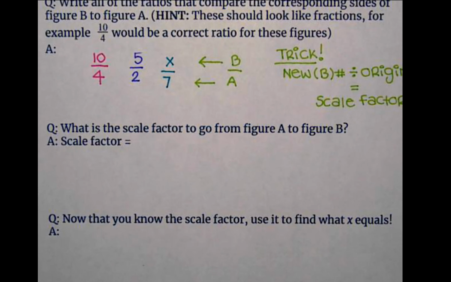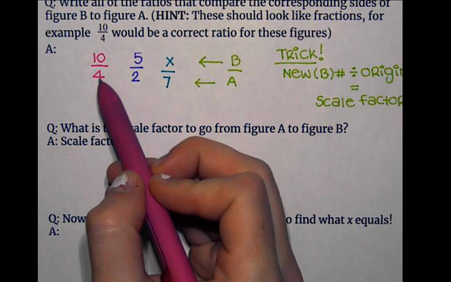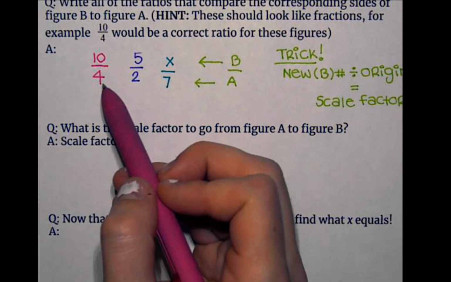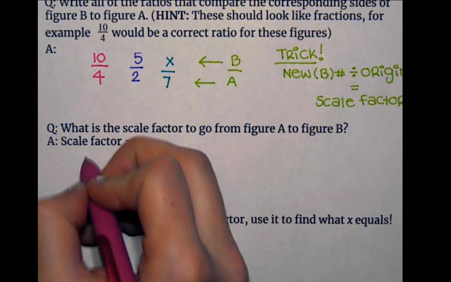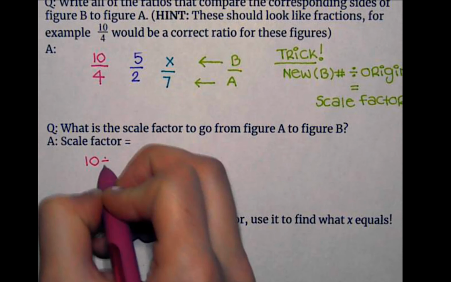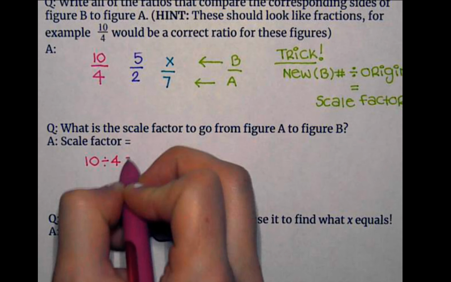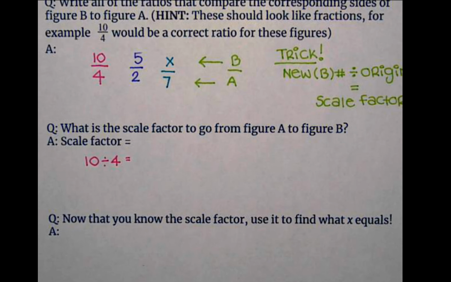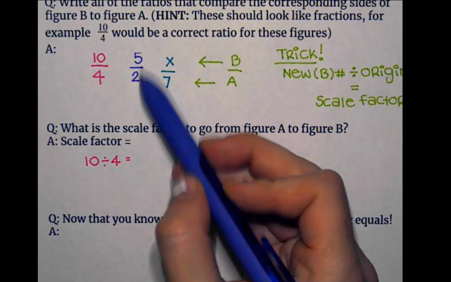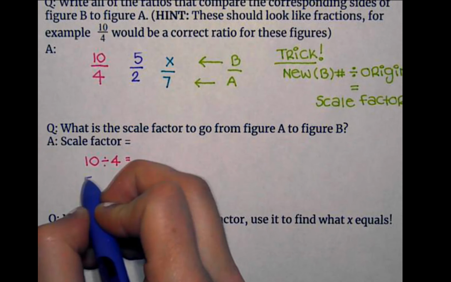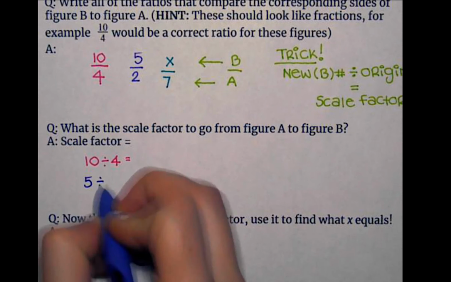Alrighty, so now we're actually going to use those ratios to find our scale factor using our trick. I'm going to take this ratio, 10 over 4, and turn it into 10 divided by 4, not finding out what it equals just yet. Then I'm going to take 5 over 2 and turn it into 5 divided by 2.